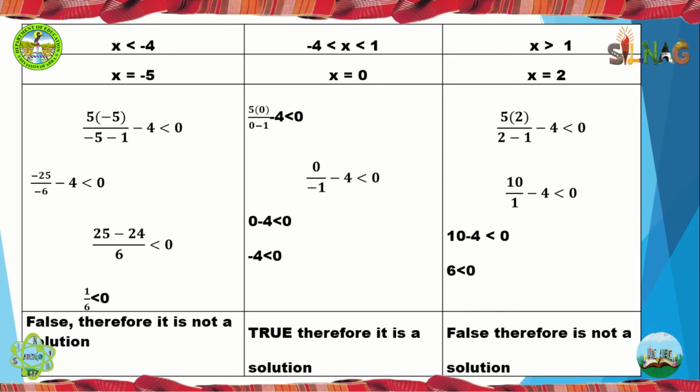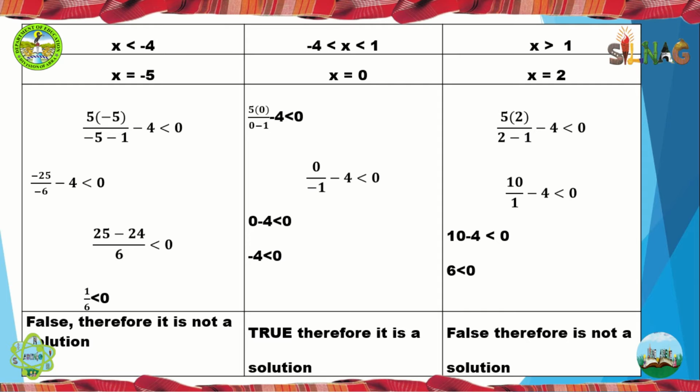Then 25 minus 24 is 1 over 6, is less than 0. So the statement is false, therefore it is not a solution. The numbers which are less than negative 4 are not solutions of the given inequality.